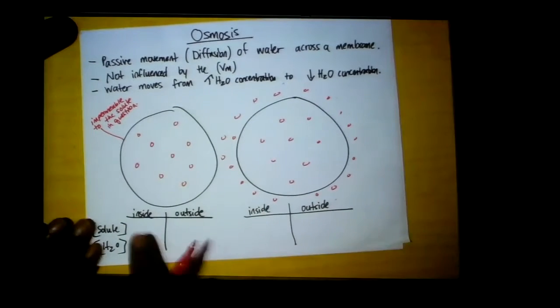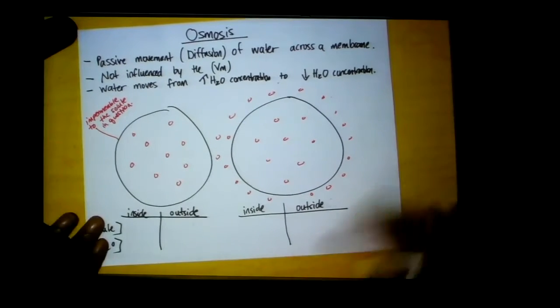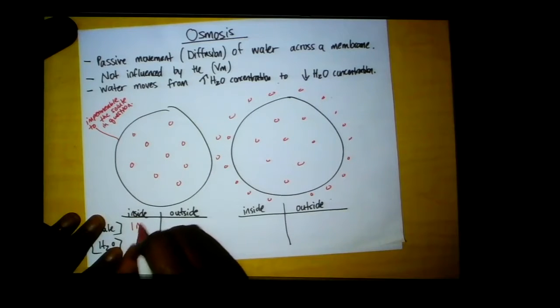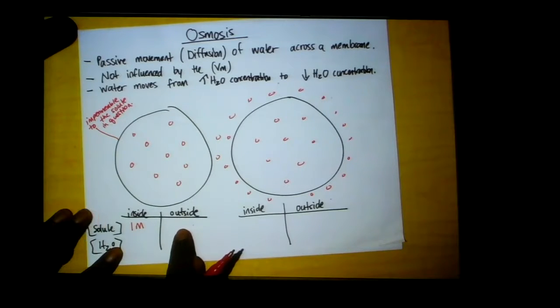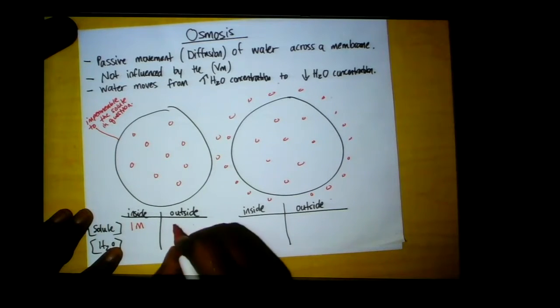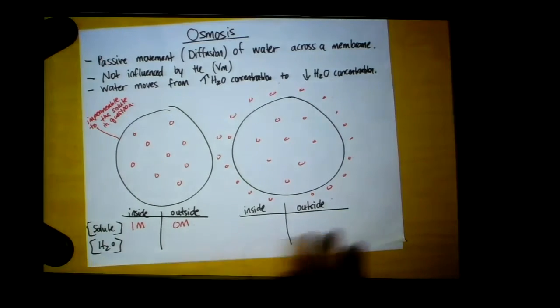Inside the cell here, we have a concentration of 1 mole, whereas outside the cell, we have a solute concentration of 0 moles. And that means that it's pure water, right? So no solutes in the solution outside this cell.